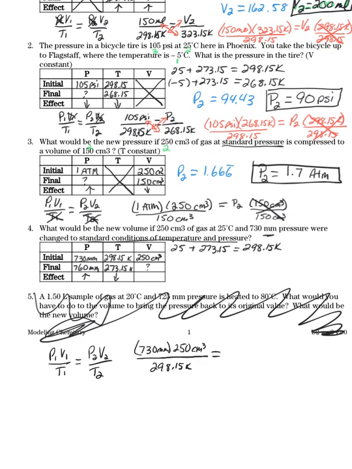My pressure at the end is 760, and my volume is what I'm finding. My final temperature is 273.15 Kelvin. As always, I'm going to cross multiply.